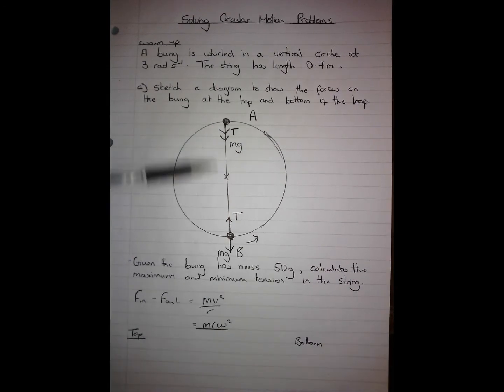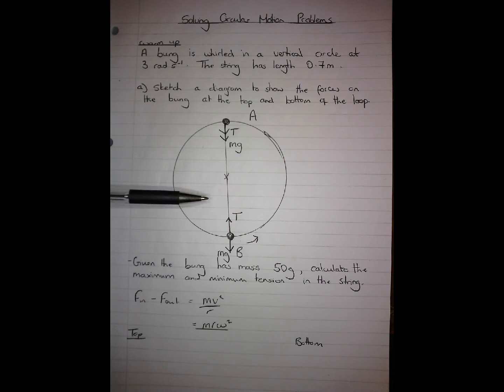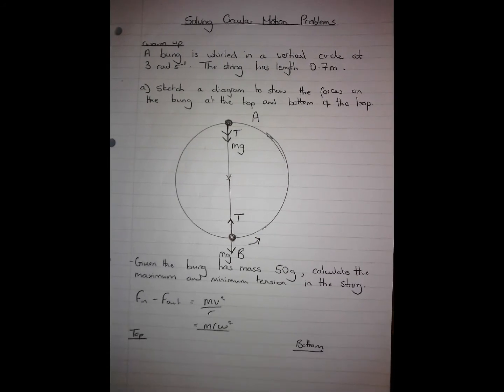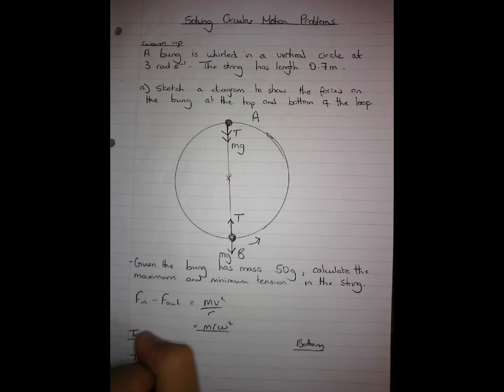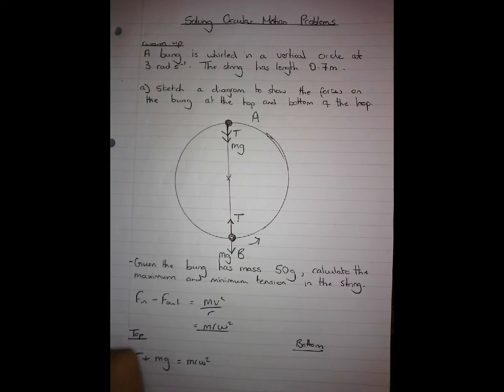These are the points of both extremes in this situation, or any vertical circle for that matter. So at the top, we've got the force in towards the centre of the circle being the tension plus the weight, because they're acting in the same direction, and that equals mr omega squared. We rearrange that for T, so we end up with the tension equals mr omega squared minus mg.